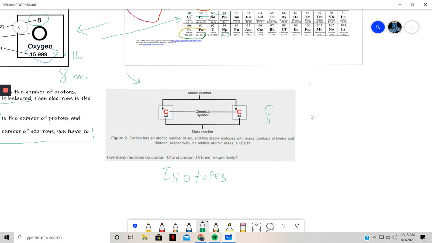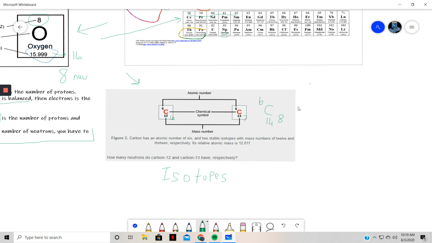It would still have 6 protons, but it would have 8 neutrons. So the idea of isotopes is simply an explanation of why there are different mass numbers for atoms when they have the same protons, but can have a varying amount of neutrons.